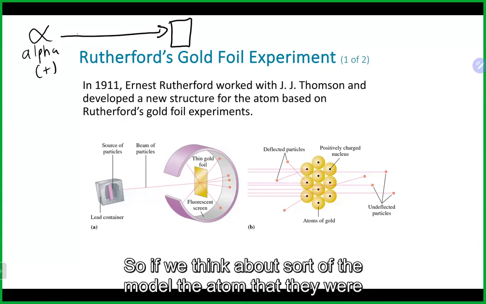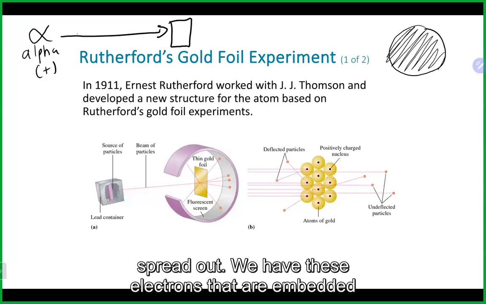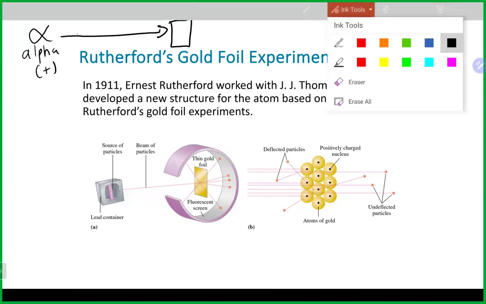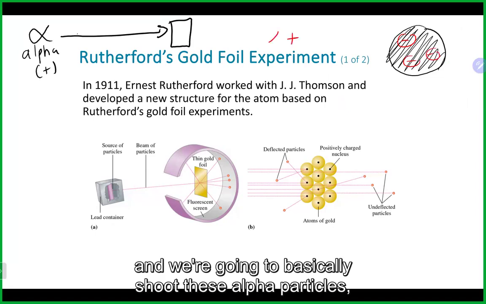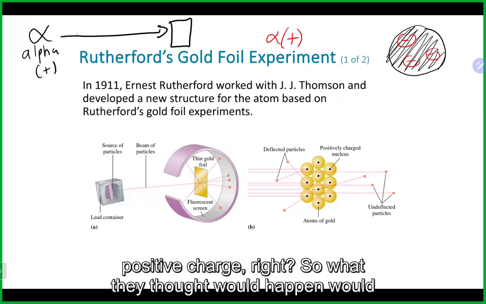So if we think about the model of the atom they were working with, we have all this positive charge spread out, with electrons embedded inside, and we're going to shoot these positively charged alpha particles at a big pudding of positive charge, right?